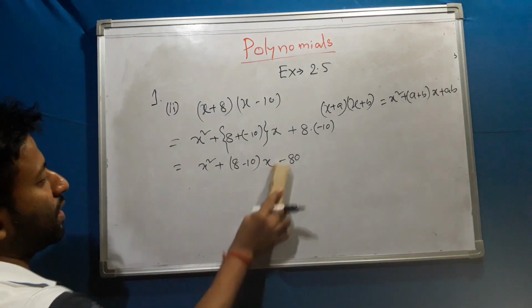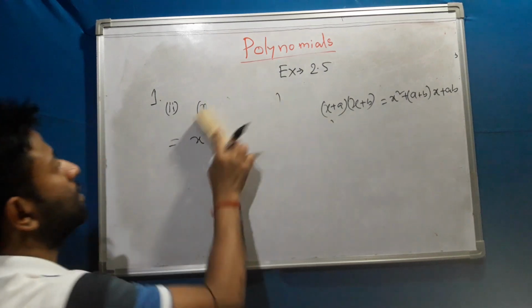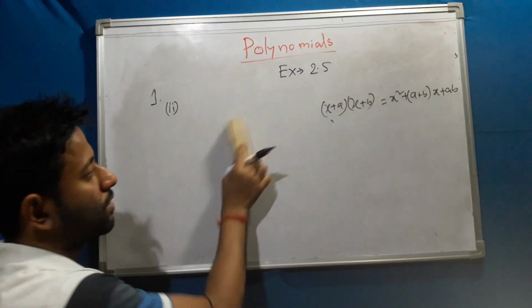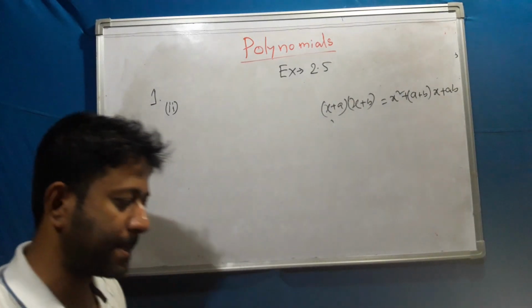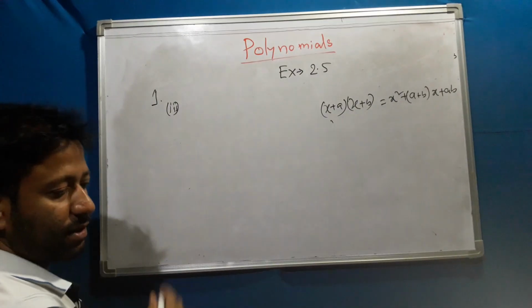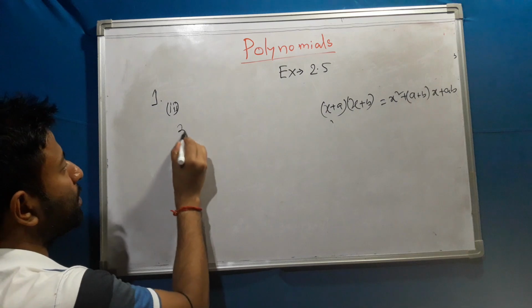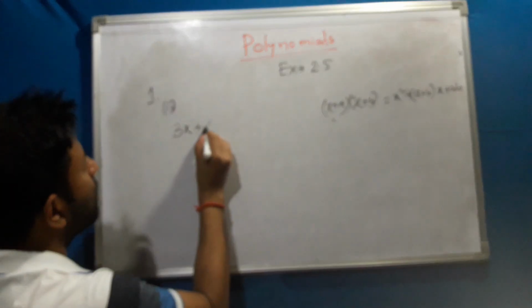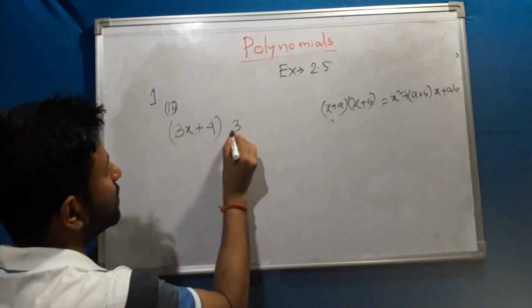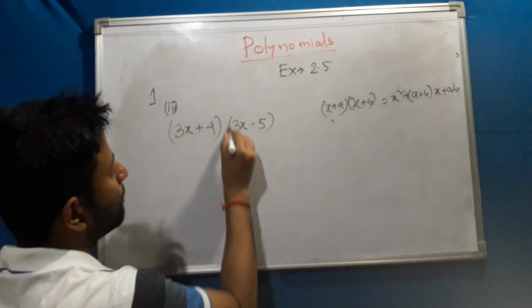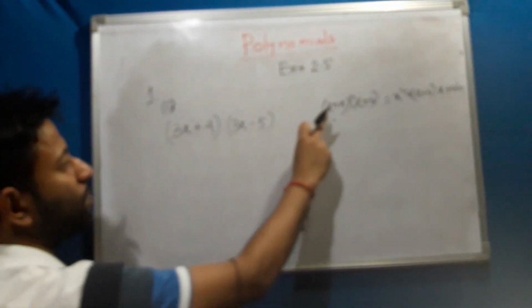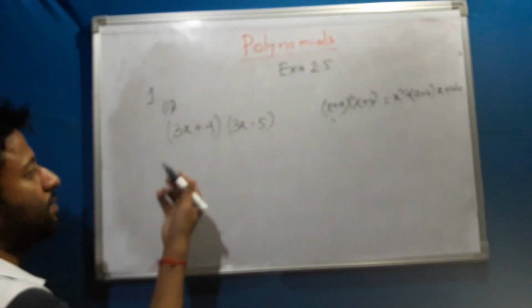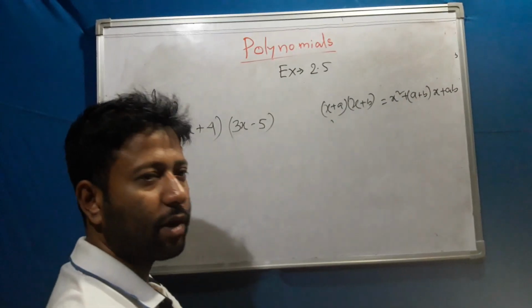In a similar way, I am doing another question, which is question number 3. There is a little trick they have given here. They have mentioned 3x plus 4 and 3x minus 5. The same identity I can apply here, but instead of x they have given 3x, so instead of x I will write 3x.